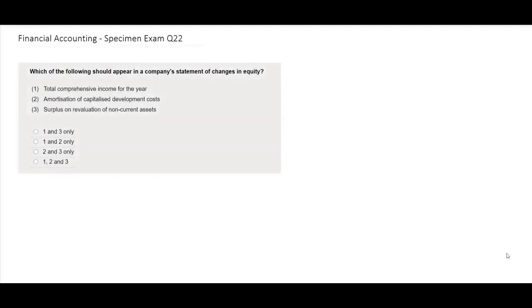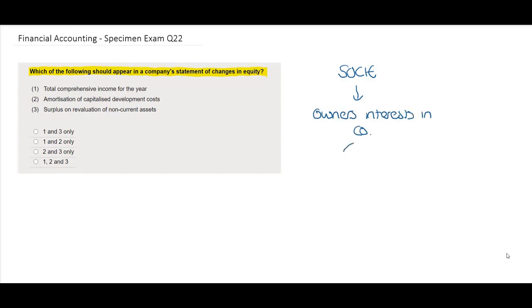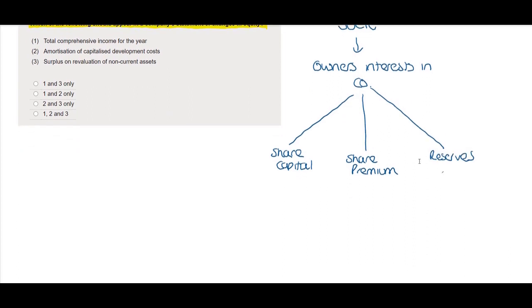In this question, you are being asked to decide which of the following should appear in the company's statement of changes in equity. The statement of changes in equity will represent the owners' interests in the company. This will include the share capital, share premium, and reserves, which are usually the revaluation surplus and retained earnings.